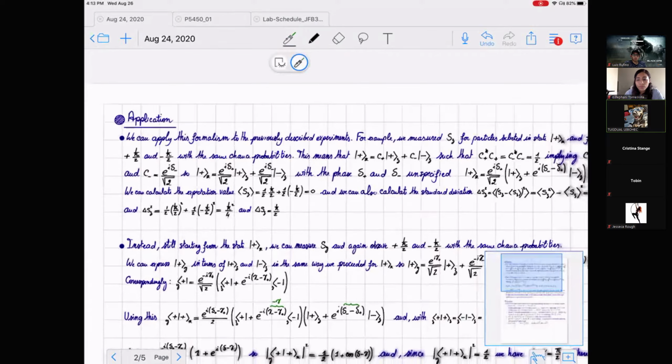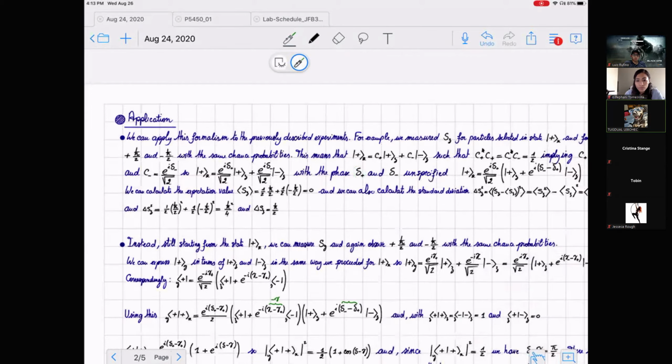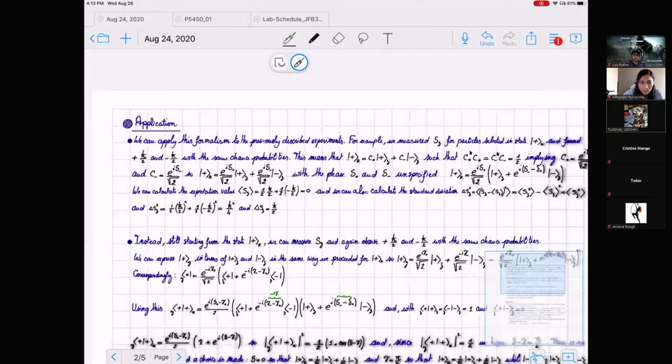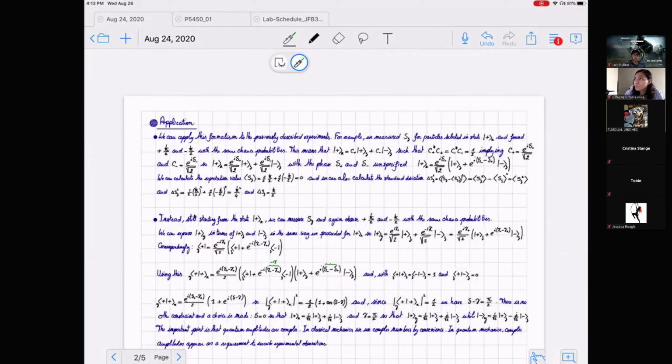And the delta plus and delta minus, we don't know what they are, but they really define the state. So that's another postulate of quantum mechanics, which is that these coefficients, C plus and C minus, are complex numbers, so they can be defined by their magnitude, which in this case is square root of 1/2, and they have to be multiplied by a phase, which is exponential i delta plus and exponential i delta minus.